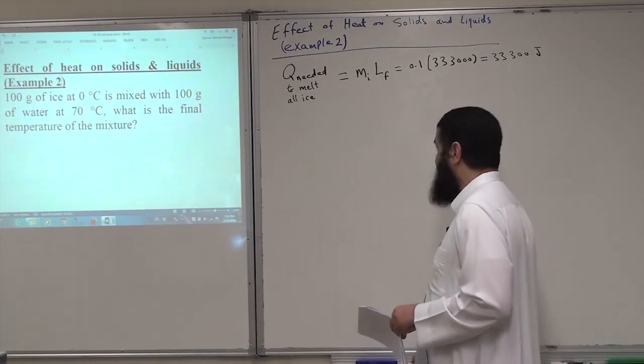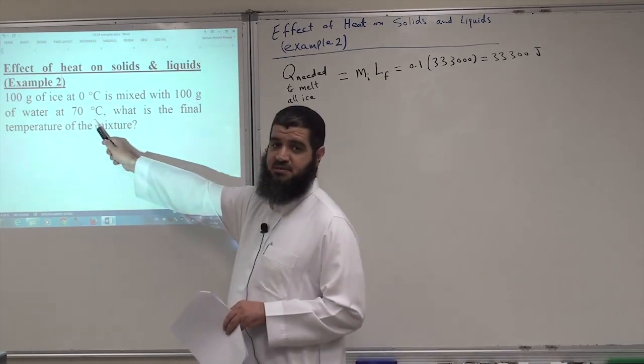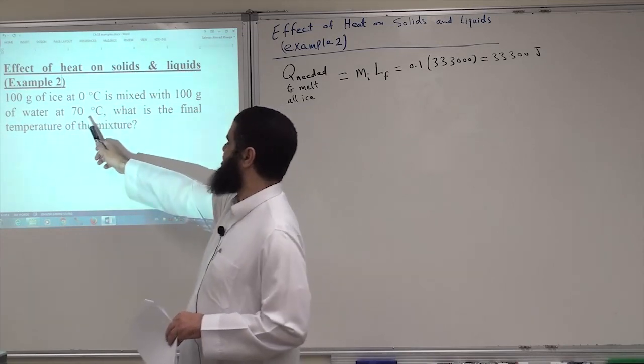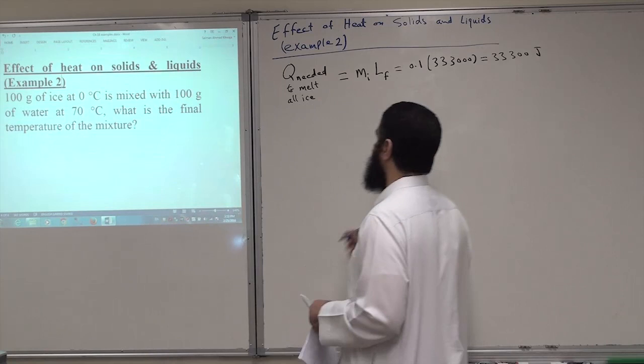How much heat will the water lose by reducing its temperature from 70 degrees C down to 0 degrees C?